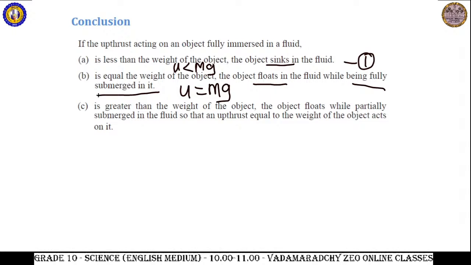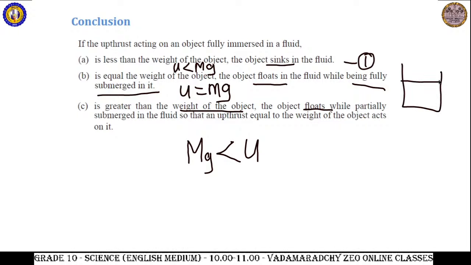If the weight of the object is less than the upthrust, the object will float. If the weight is equal to the upthrust, the object floats fully submerged. In the second instance, the object floats fully submerged, like this.